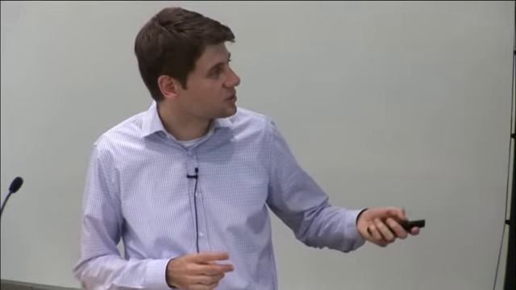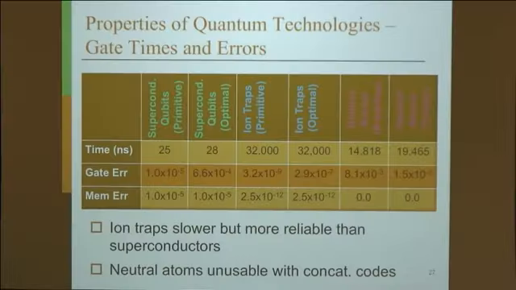Our resource estimation tool actually takes the gate count for all the individual gates, so the information that feeds into the tool is more detailed than what this table shows. So this is the average gate time. Then we have gate error for each gate operation. And then we have memory error per unit of time, per nanosecond.